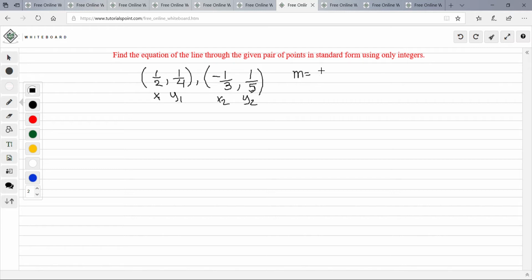So m is going to be y2, which is 1/5, minus y1, which is 1/4, and then x2, which is negative 1/3, minus x1, which is 1/2.